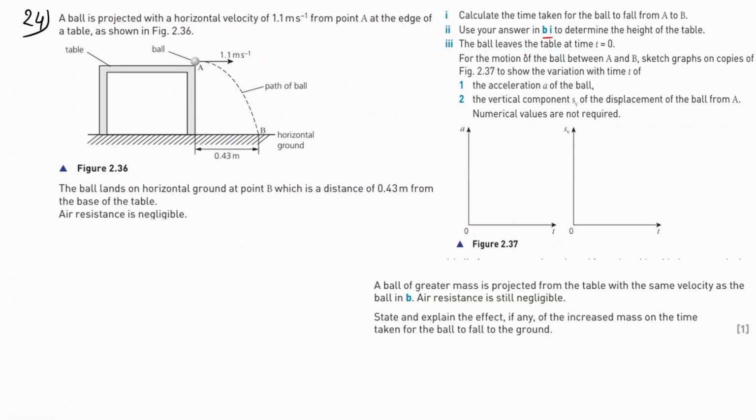Now, the ball leaves the table at time t equal to 0. For the motion of the ball between A and B, sketch the graphs to show the variation with time t of the acceleration a, and the vertical component of the displacement of the ball from A. We need to draw the graphs.